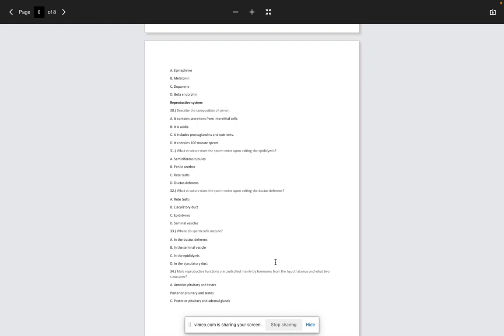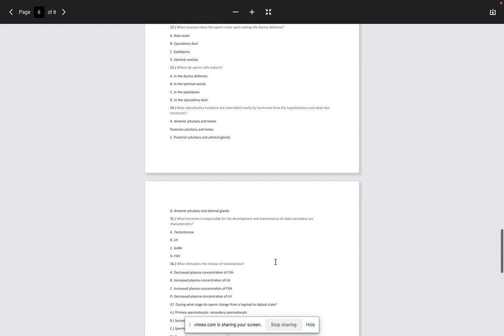What comes from the posterior pituitary? ADH and oxytocin, absolutely. What hormone is responsible for development and maintenance of male secondary sexual characteristics? Testosterone, LH, GnRH, or FSH?